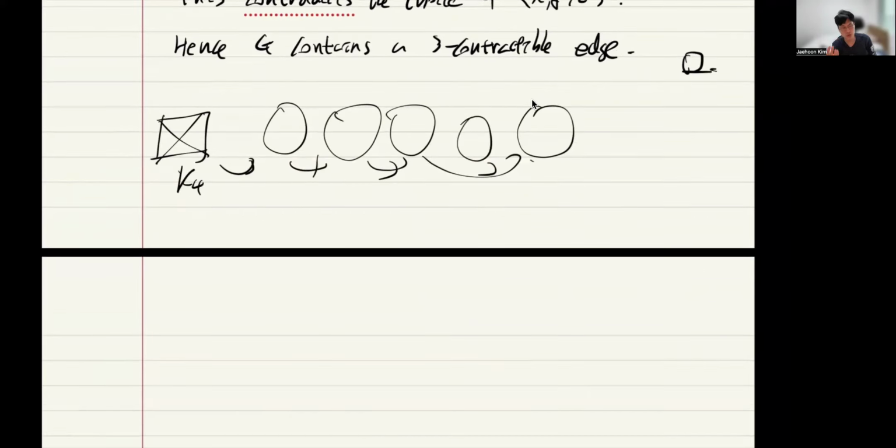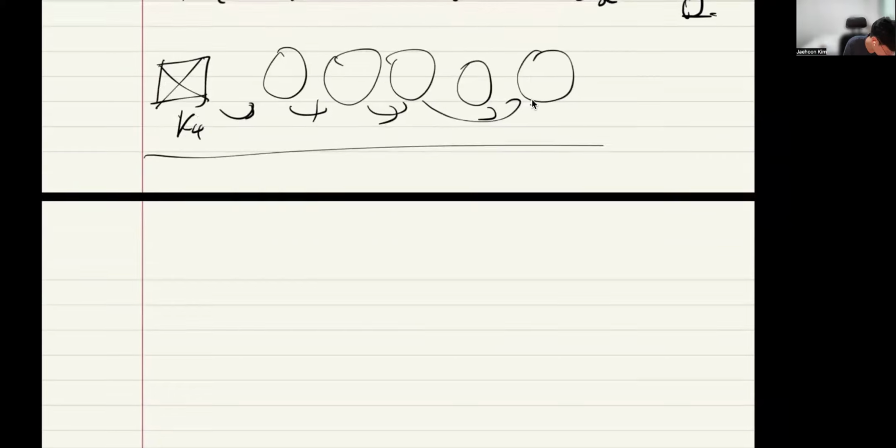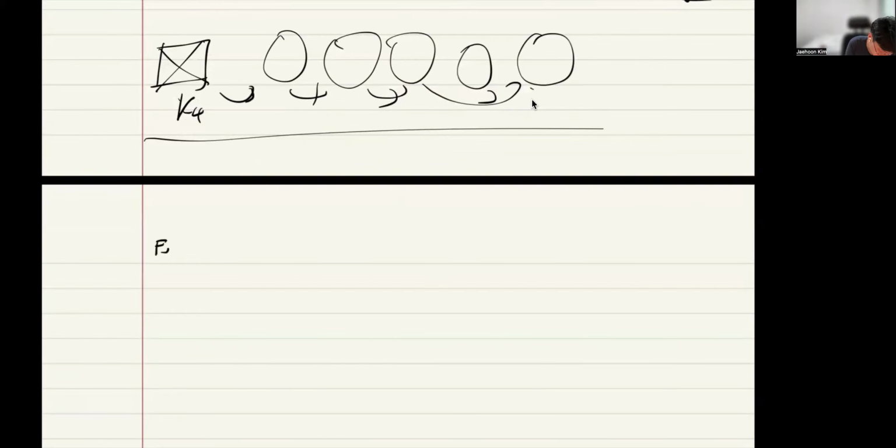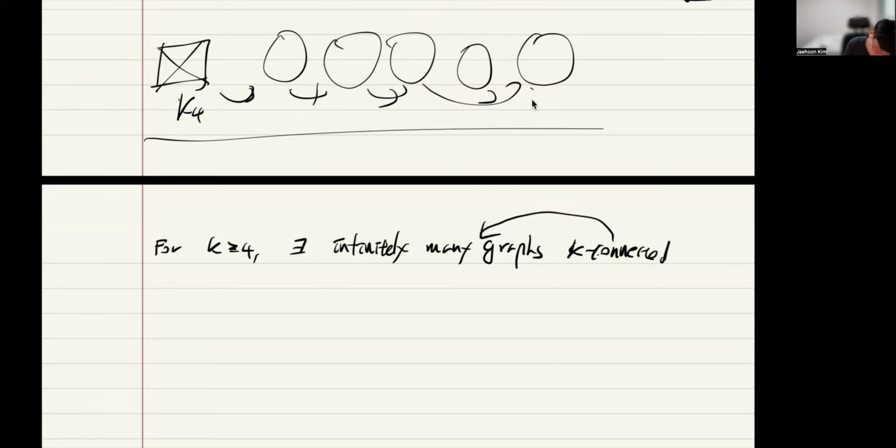One might ask, what if we consider 4 connected, 5 connected, 6 connected? Can we do a similar thing? Can you always use vertex 4 split, vertex 5 split to obtain what you want? And that's actually not true. For k at least 4, there are infinitely many k-connected graphs that contain no k-contractible edges.